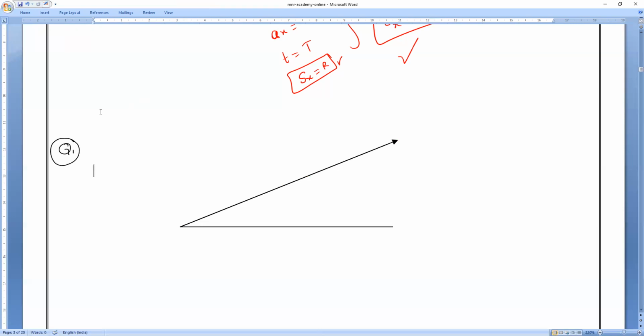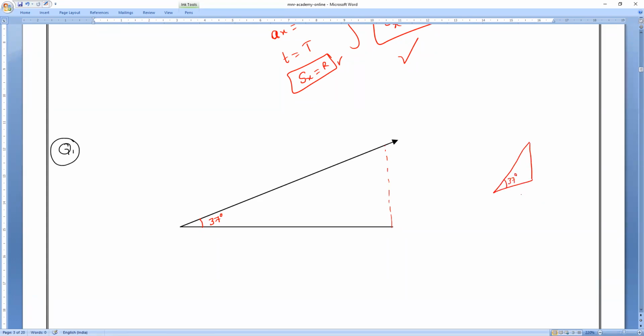Now the body is on an inclined surface, and the angle of the inclined surface is 37 degrees. If you see 37, you might immediately remember something. What is the triangle? 3, 4, 5. That is the 3, 4, 5 triangle you should remember. Where should 37 come, and 4?